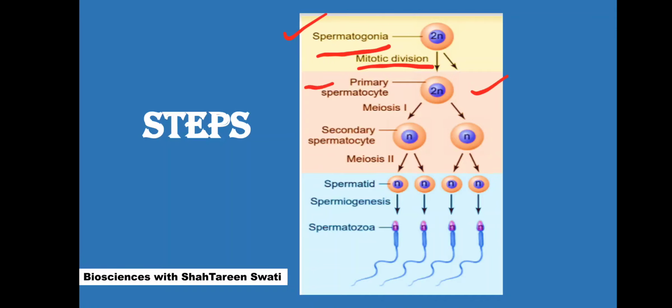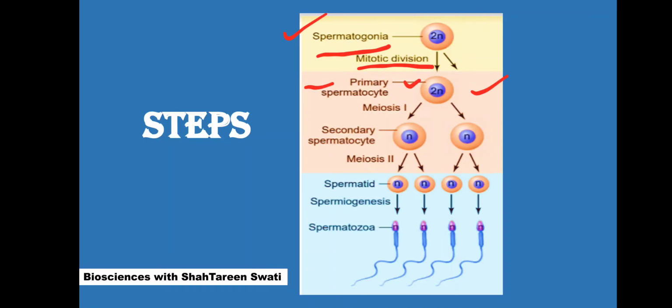Keep it in your mind that these are produced as a result of mitosis. In mitosis, the number of chromosomes remains the same, so spermatogonia and the primary spermatocyte are diploid cells.